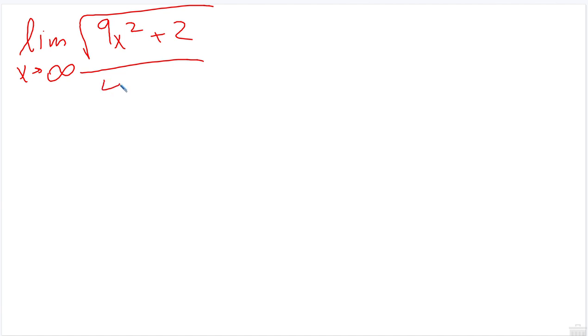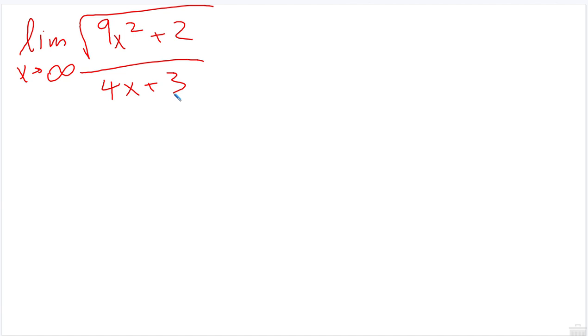I like the method that we just did better. But let's say I was looking at the limit as x approaches infinity of the square root of 9x squared plus 2 over 4x plus 3. I'm going to take a little shortcut here this time, which isn't great to do, but it works. It's effective.